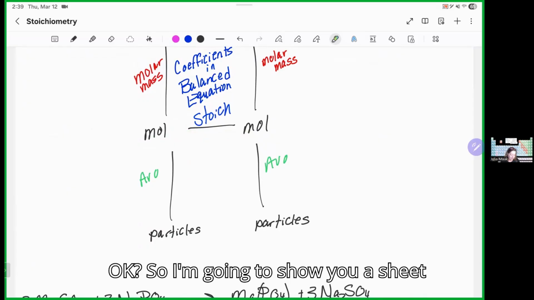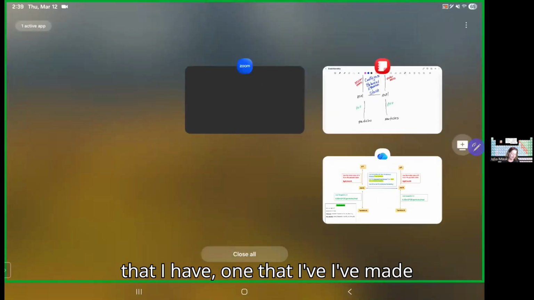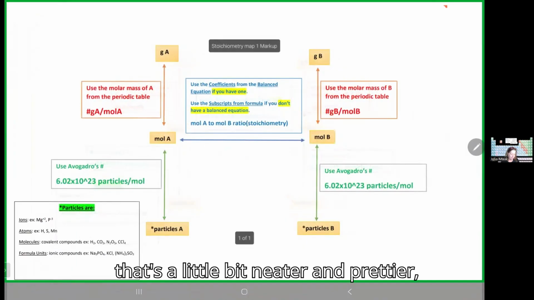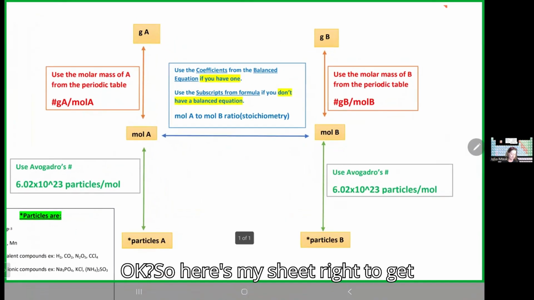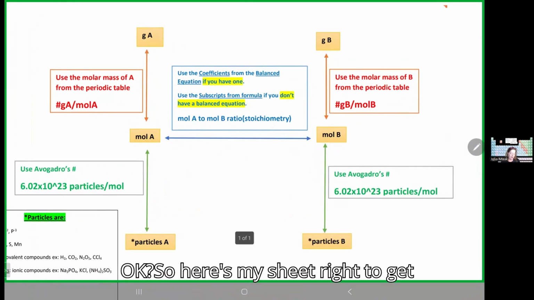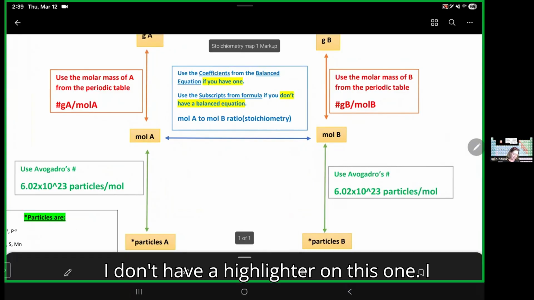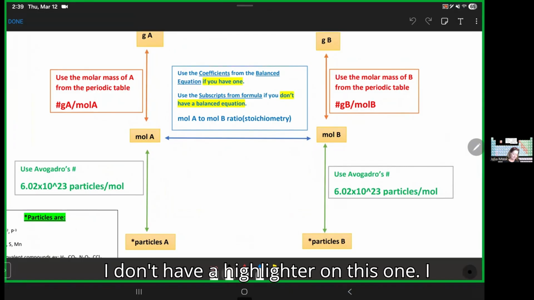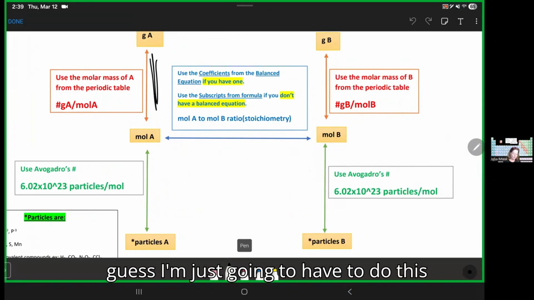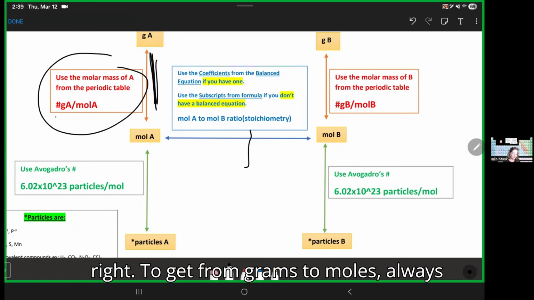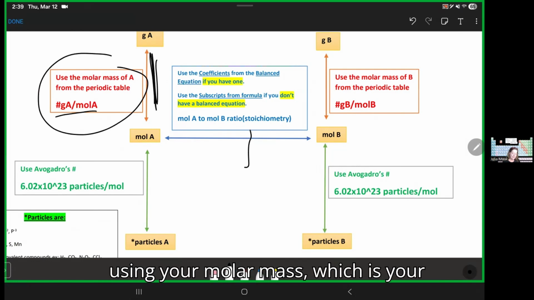Okay, so I'm going to show you a sheet that I have, one that I've made that's a little bit neater and prettier. Okay, so here's my sheet, right? To get from grams to moles, molar mass. I don't have a highlighter on this one. I guess I'm just going to have to do this, right? To get from grams to moles, always use your molar mass, which is your number of grams per mole. Same over here.